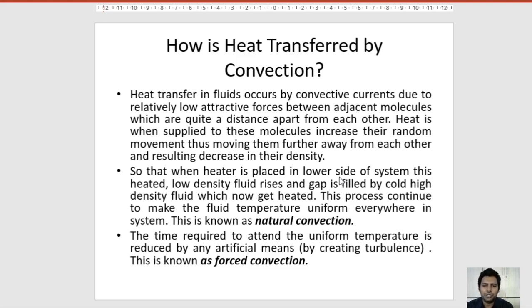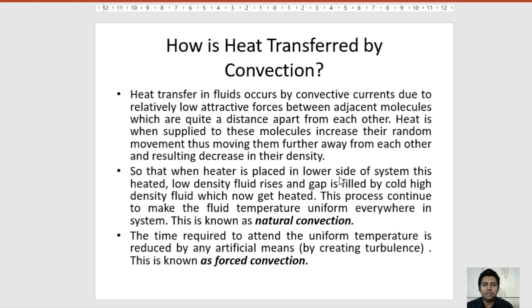That means, once we are heating the cold liquid from the bottom, the heated liquid gets lighter in density and has an upward movement, and the cold liquid has a downward movement.